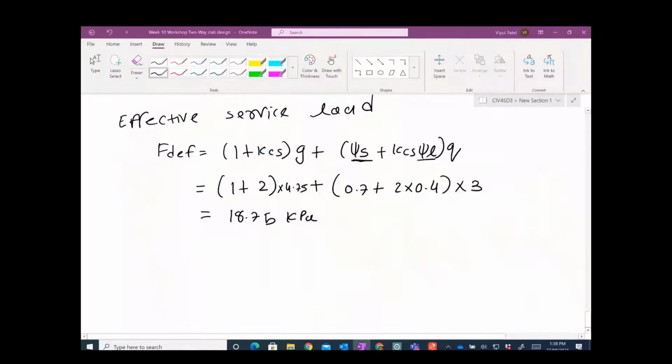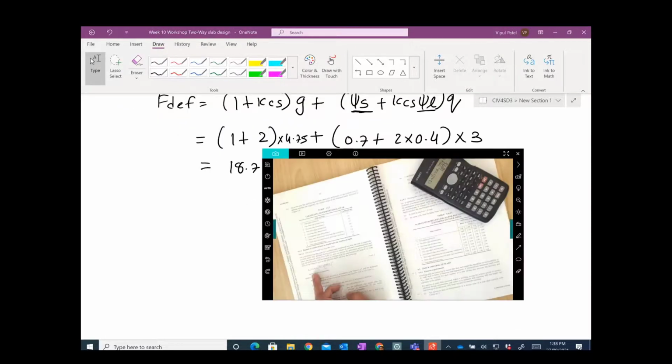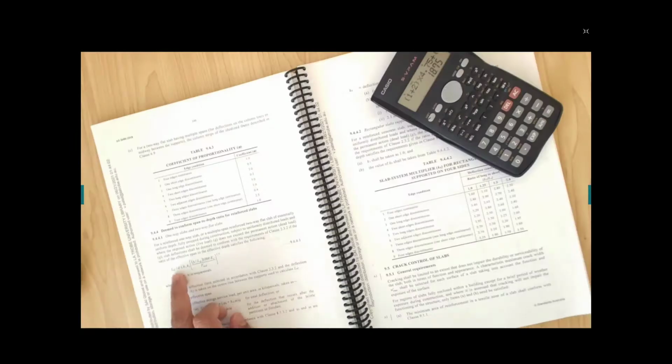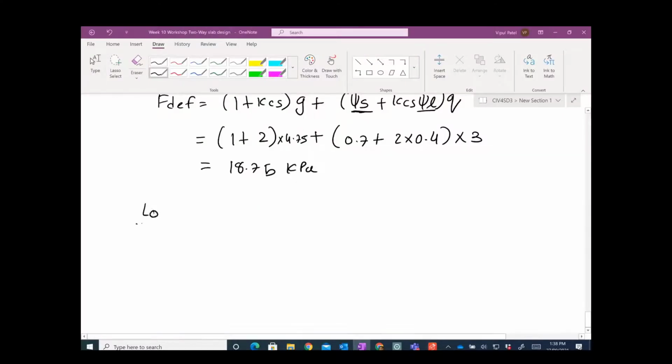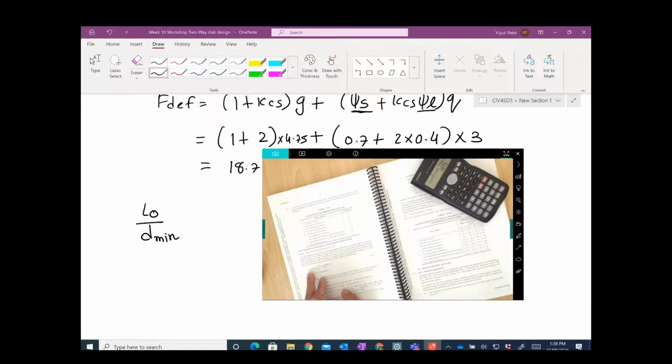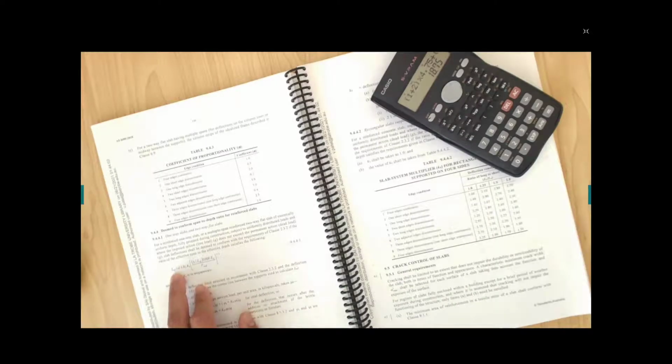Okay, now we have all the parameters that we need, and we can calculate L effective over D. So let's put this. I'm going to write L0 instead of L effective, because in our example it is given in that fashion. I will write D minimum for completeness of our notation.